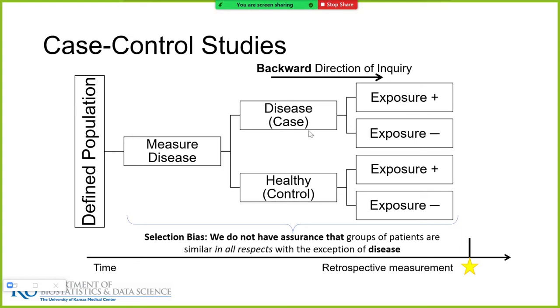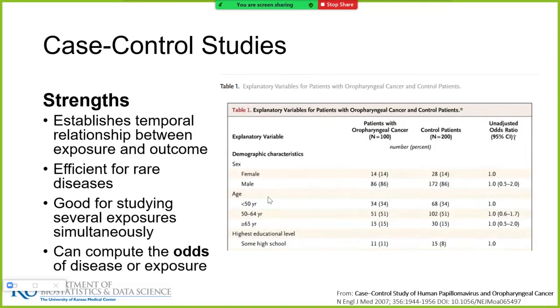I would have to screen a lot of people, or I would have to follow a lot of people for a very long period of time just to get one case if I were doing this in a forward direction of inquiry where I'm sampling based on exposures. So very efficient for rare diseases.